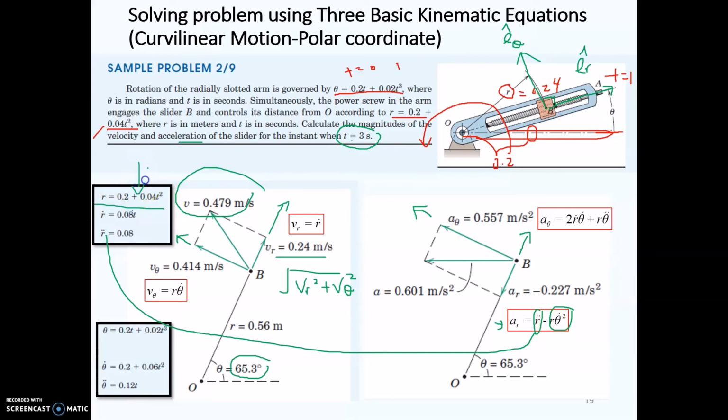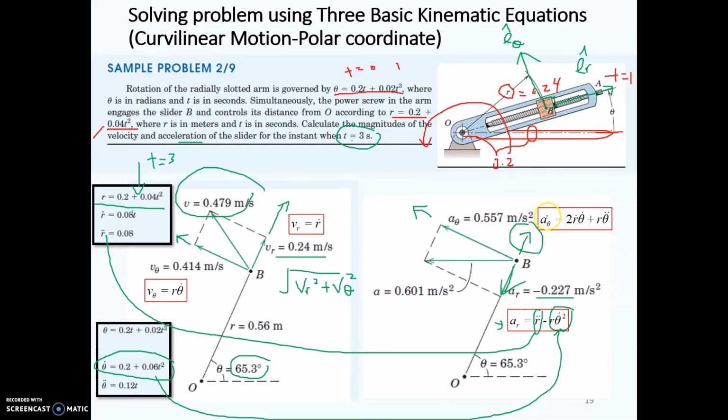So substitute t equal to 3 inside this formula and multiply with the theta dot. So this is your theta dot, substitute t inside here and take the square. So after you compute, you obtain the result in negative. So it means it's opposite to the radial direction, which is in this direction.